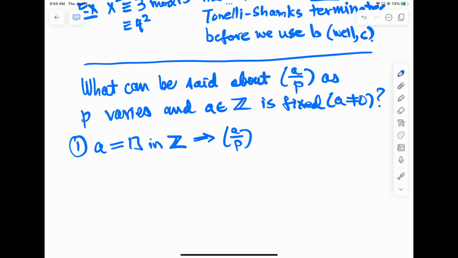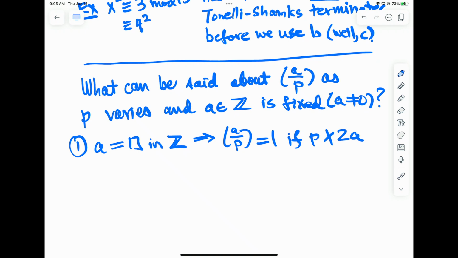Unless it's P squared. It equals 1 if P does not divide A. I'll be pedantic: I wouldn't be talking about the Legendre symbol when P is 2. Well, okay, there's an extension called the Kronecker symbol that allows P to be 2, but I do not want to get into that.